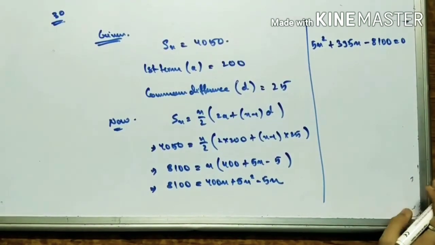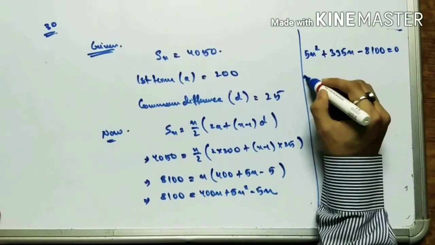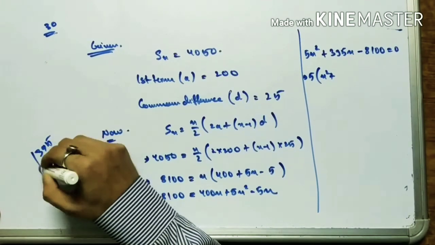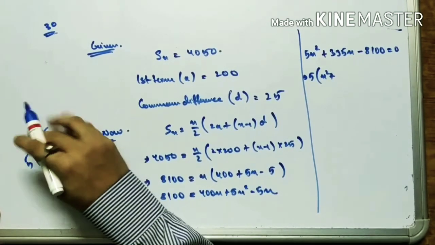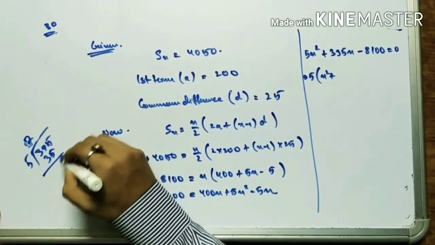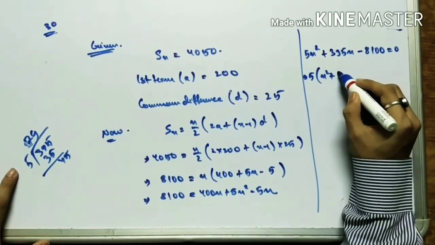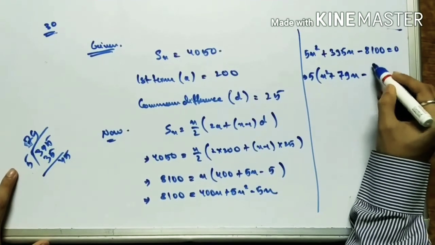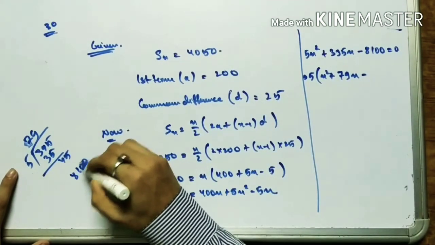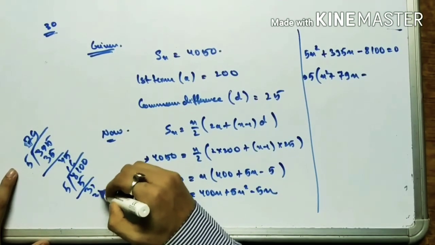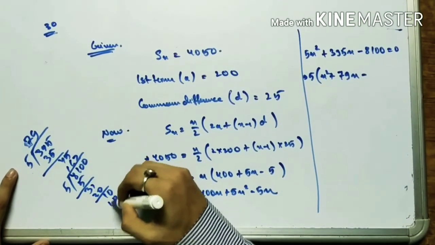Okay, everything is correct. Now if I take 5 common, then I will get n square plus 395 divided by 5, 5 7s are 35, 45, 5 9s are 45, I will get 79n, minus, from here if I take 5 common, 5 1s are 5, 5 6s are 30, 5 2s are 10.